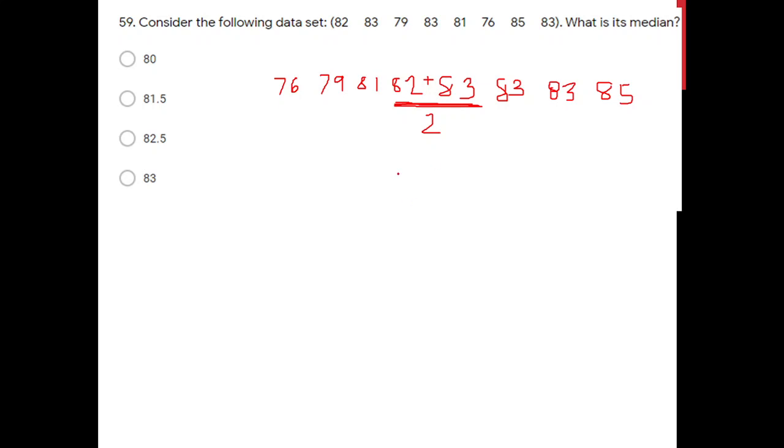So your median would be 82.5. But if you have an odd number of data, the center would be your median. No need to divide by 2. We only divide by 2 because we have an even number of data. We have 8. But if it's 7, the fourth data would be your median.